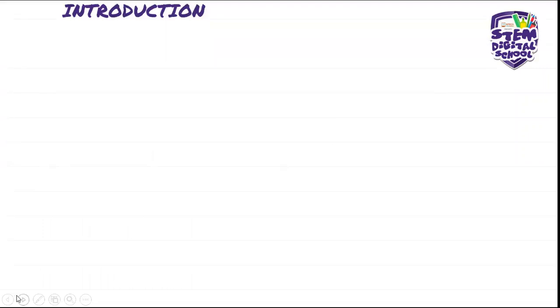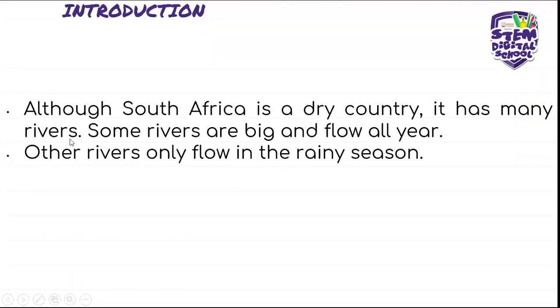Okay, moving on. In our introduction, although South Africa is a dry country, it has many rivers. Some rivers are big and some flow all the year, okay? Other rivers only flow in the rainy season.